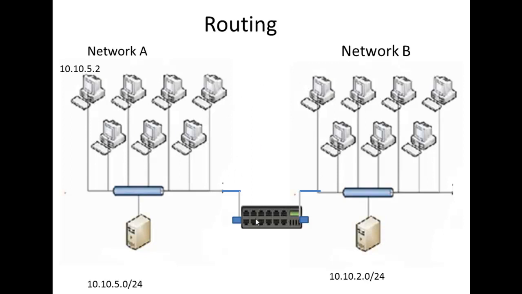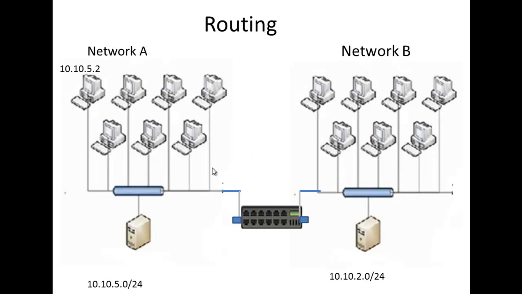So that's where our router comes in. That traffic will go through the interface, which would be the default gateway address, and then it will go to network B. So the router will route the packet to network B.